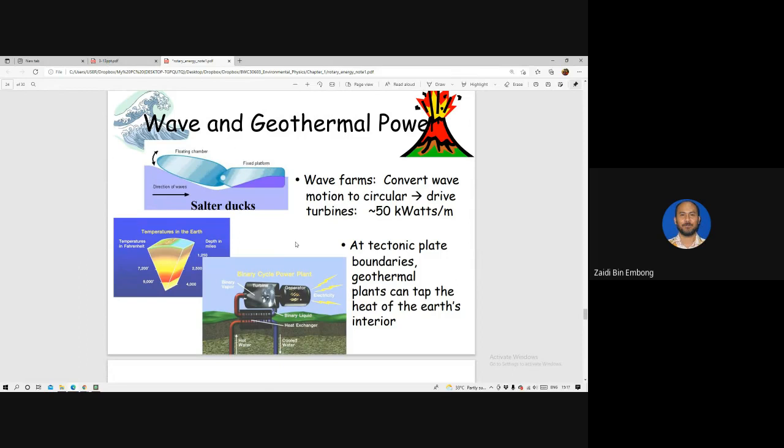If you look at our earth surface, some areas have volcanic activity. Even if you go to a hot water spring. In Malaysia also we have hot water springs in Muar, Johor, in Malacca, in Negeri Sembilan.